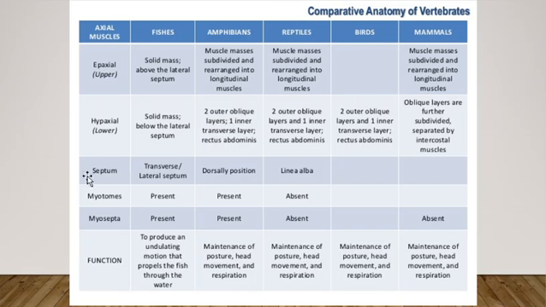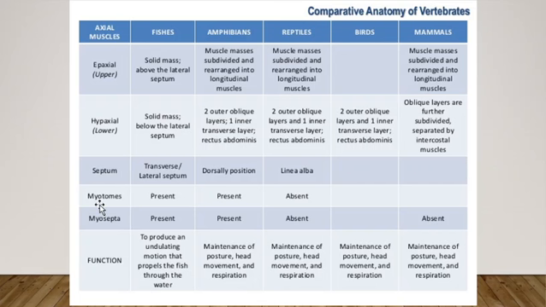We also have what happened to the septum. Transverse lateral septum is present in fishes. But later on, it moved to a dorsal position in amphibians, and in reptiles, it transformed into linea alba. In mammals, I think we also have linea alba.